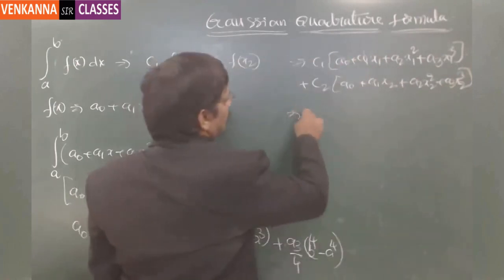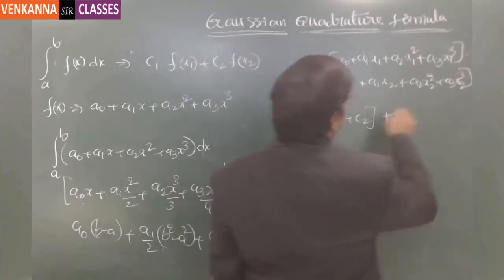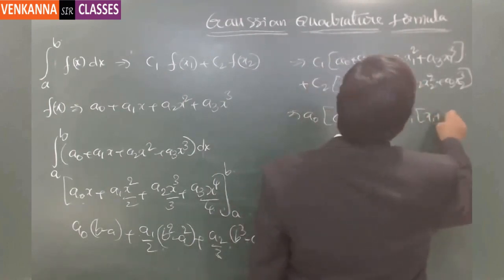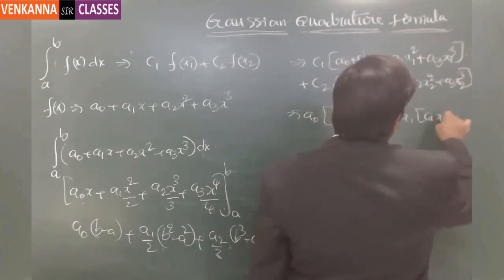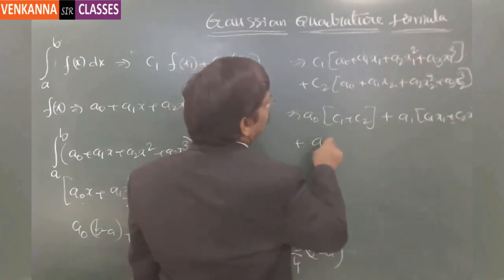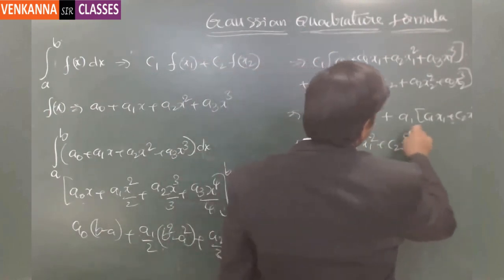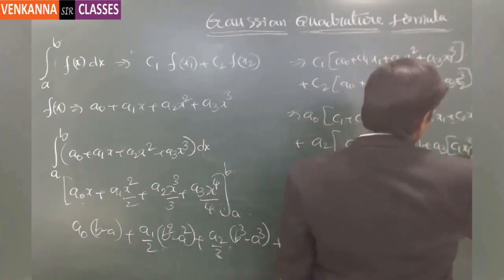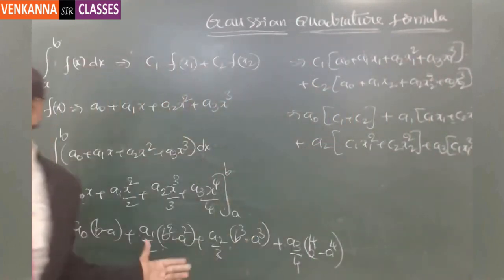Now here a0 is multiplied by c1 plus c2, a1 by c1 x1 plus c2 x2, a2 by c1 x1 square plus c2 x2 square, and a3 by c1 x1 cube plus c2 x2 cube. So this is one equation on the right side and this is another equation on the left side.